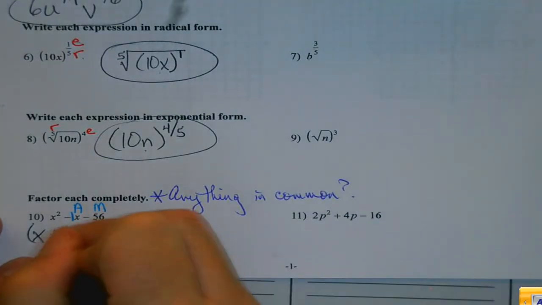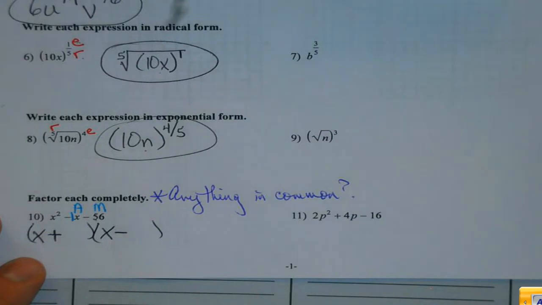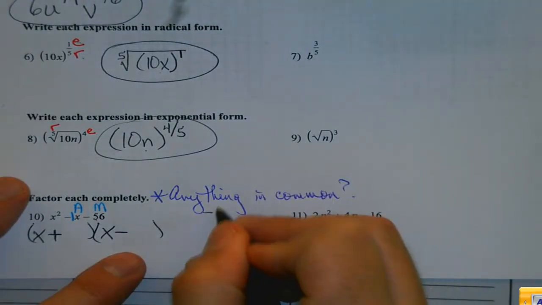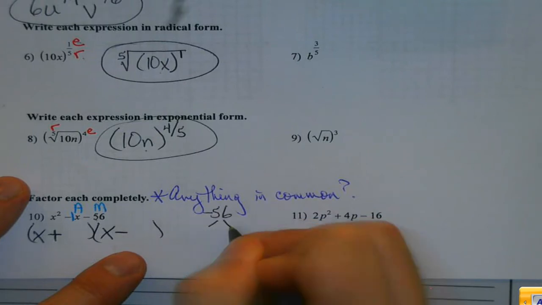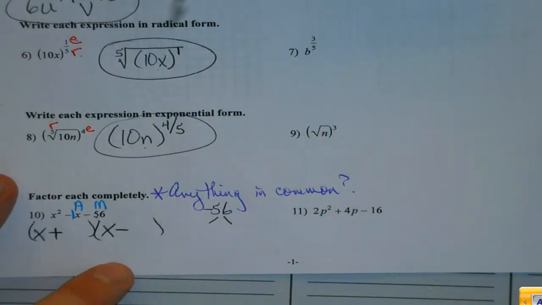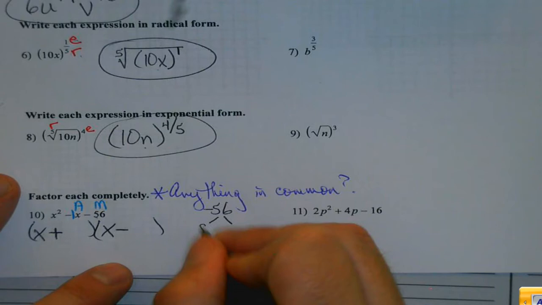Which means one of my signs is positive and one of them is negative. At this point, I can go to my multiplication chart. I can go to a calculator. Shoot, if I know my factors and can multiply to 56 in my head, that's the best case scenario. So I would think that with a lot of you, when you get to 56, the only thing that's going to probably pop into your head is 8 and 7.